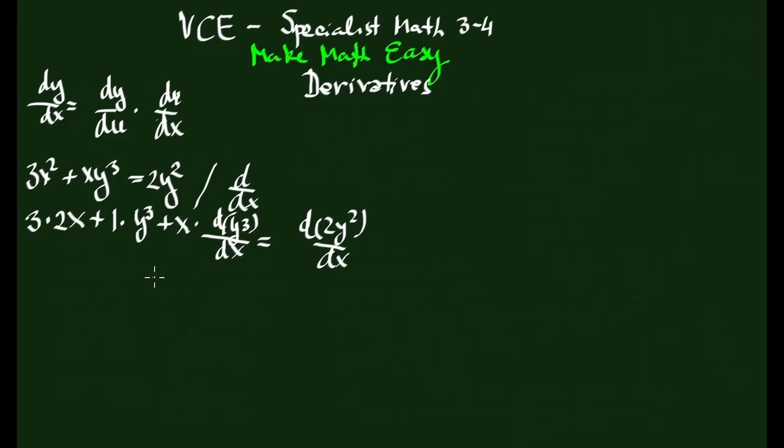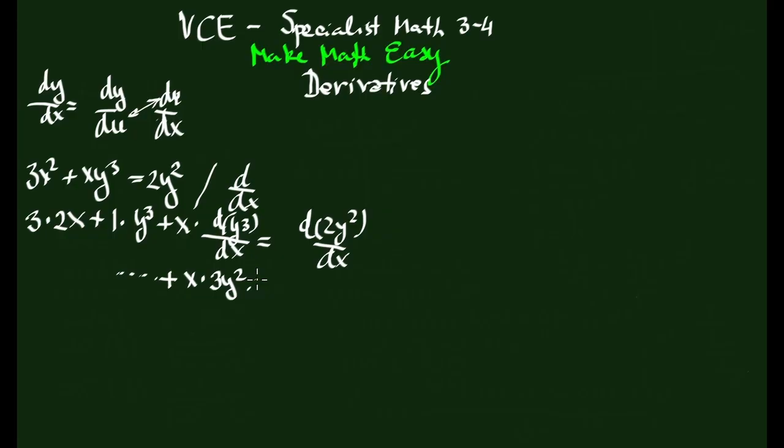Therefore, this is all the same, but this bit here we have x times, now in regards to y, differentiating y to the third is 3y squared times, we differentiated y in regards to y, now we have to differentiate y in regards to x. So that's that rule. It's like crisscross. They are the same variable.